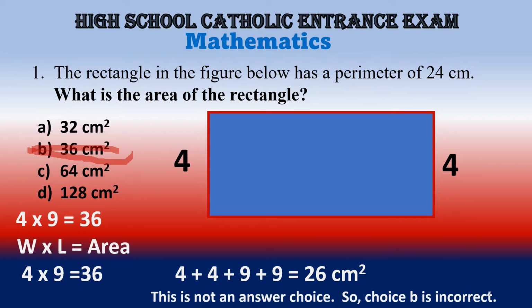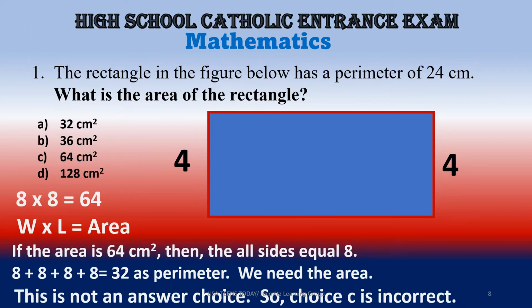So we've ruled out B. If your side for choice C was 64, that would mean that this side here would be 8, and this side here would be 8, but you were already given a side of 4, so that can't be true. Now this can still be 8, but this can't be. See what I mean? Because here's what would happen: 8 plus 8 plus 8 plus 8 does not equal 32 as a perimeter.